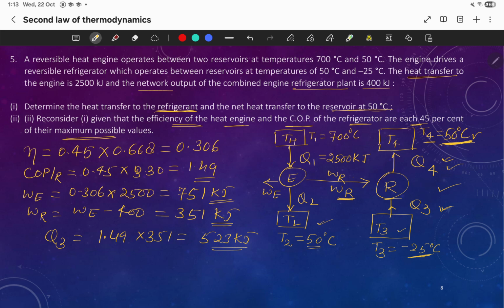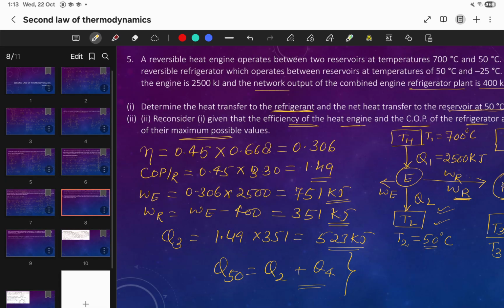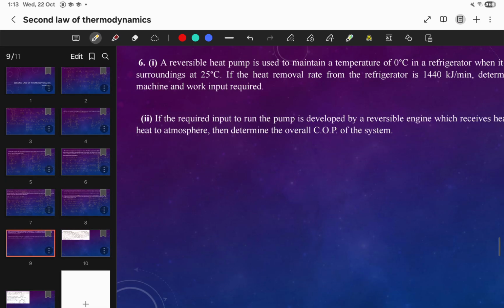So similarly we have to write the equation for energy balance and calculate the Q4 and Q2 values and add them. So for the Q50 reservoir, we will add Q2 plus Q4, and you will get the final answer. So this is all for this question. Let's move to another question. I think this is the last question.